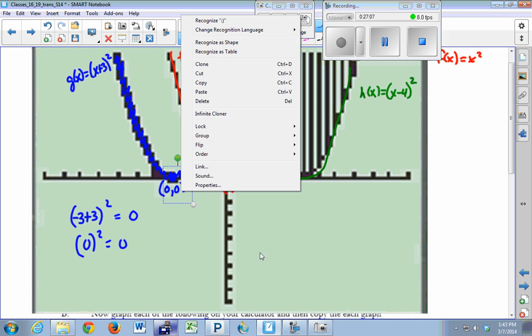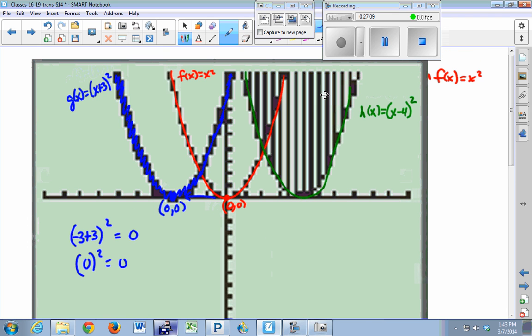Let's take a look at our point 3, 9. Let's say 3, 9 is right here. So now I'm saying, okay, to get to being 9, I have to have a 3 in here. So x plus 3 has to equal 3. What's inside here has to equal 3.